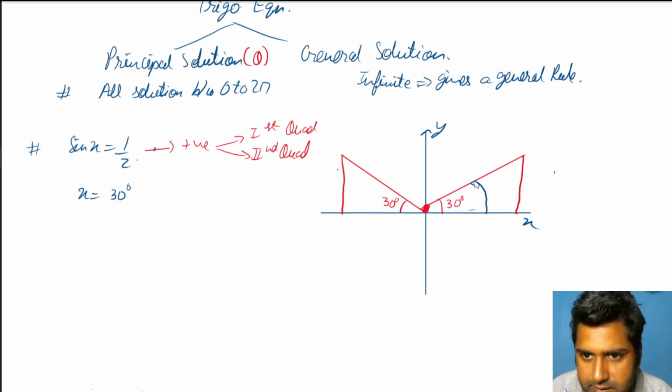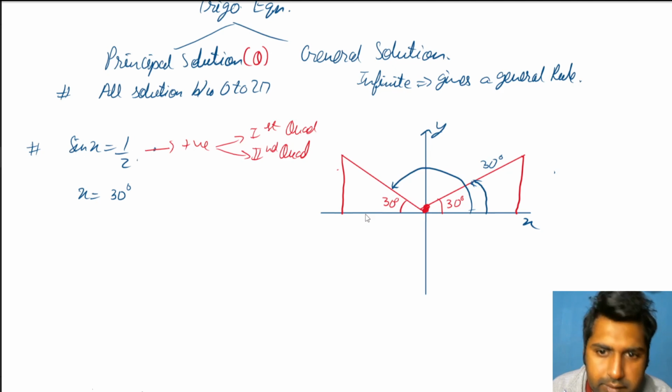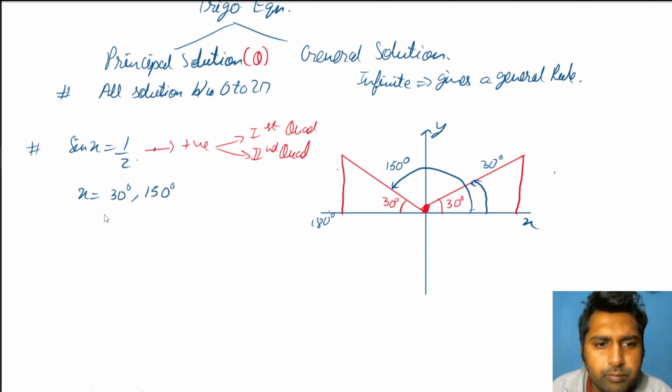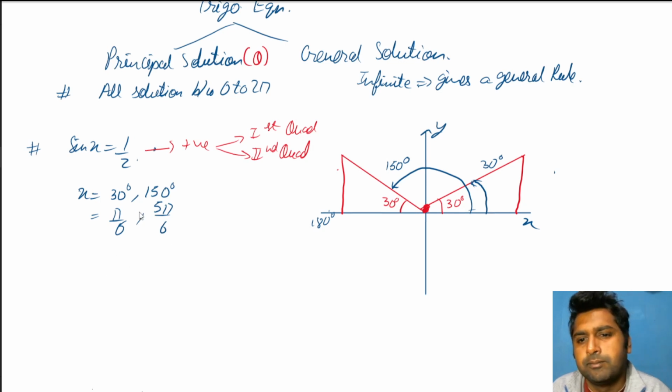So this angle is 30 degree and this one will be 180 minus 30, since this line is 180 degree, so you'll get 150 degree. So your basic solution is 30 and 150 degree. If you convert this into radian, you'll get pi by 6 and 5 pi by 6. Okay, so the idea is to make the general triangle in whichever quadrant is asked, and then calculate the angle always with the positive x-axis.